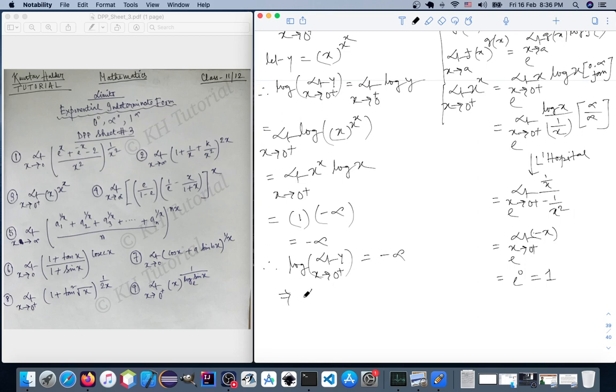This implies limit x tending to 0 plus of y equals e to the power minus infinity, which is 0. So 0 is the answer.